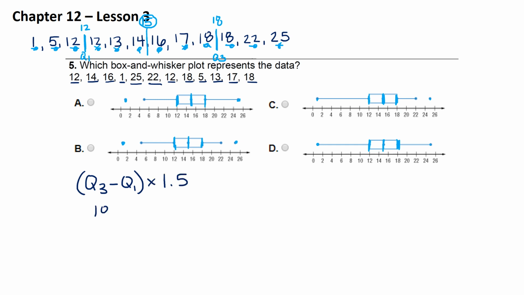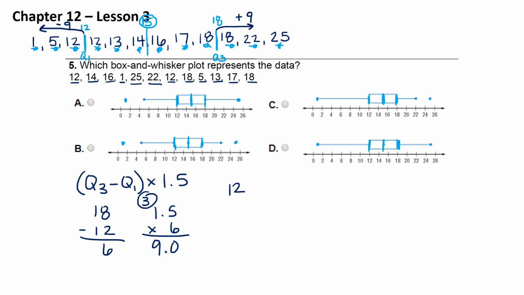So 18 minus 12 equals 6. And we have 1.5 times 6, which equals 9. So I'm going to do 12 minus 9 and 18 plus 9. 12 minus 9 is 3, and 18 plus 9 is 27.